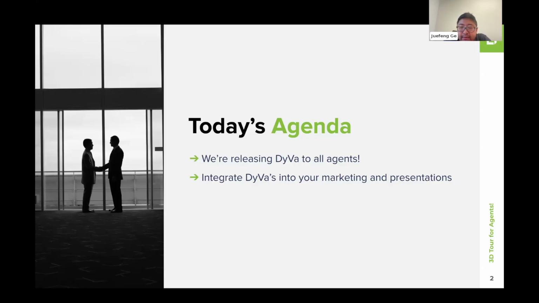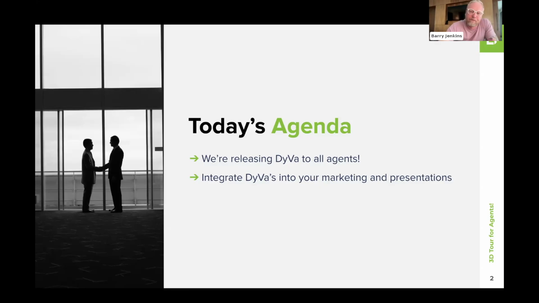First, we're going to talk about Diva for agents. What that means is that in the past, if you wanted to run an ad around your listing with Ylopo, the owner of the account, the administrator on your team, was the only one who could do that for you. You could not log into our platform, Mission Control, and do that yourself. We went through the effort to enable all agents that we can find on our platform to log into Mission Control and run your own ads. That's the difference.